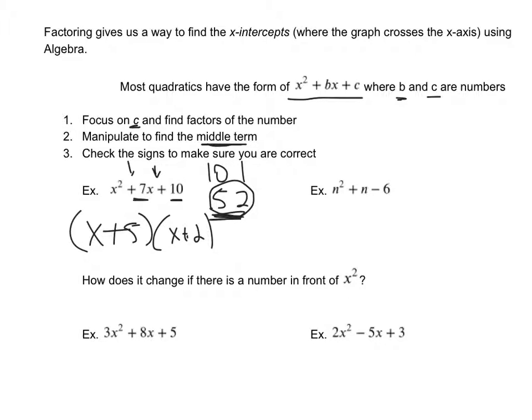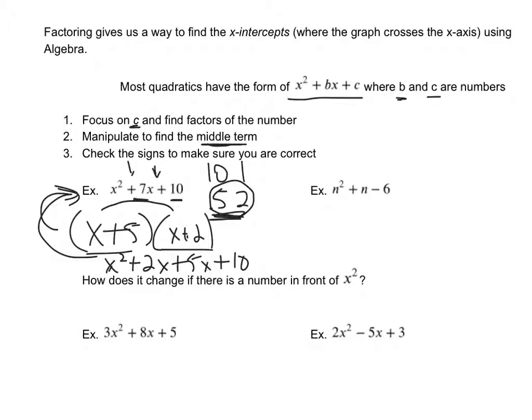If I multiply these two terms back, I should get what I started with. x times x is x squared, plus 2x plus 5x plus 10, which is what I started with. There we go.